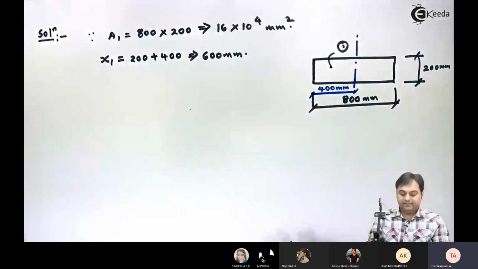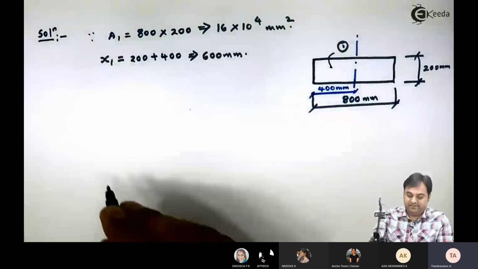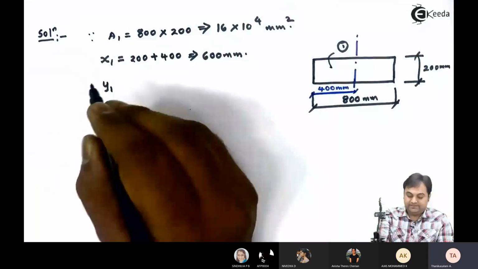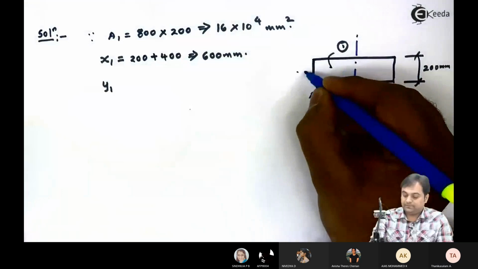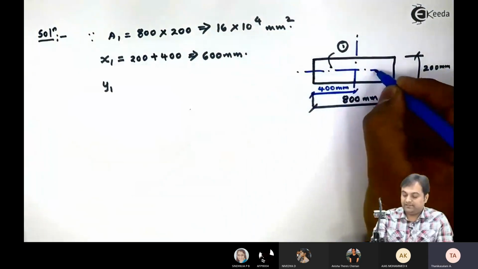Now after getting a1 and x1, I will find y1. y1 is the location of the x-axis for the first rectangle.